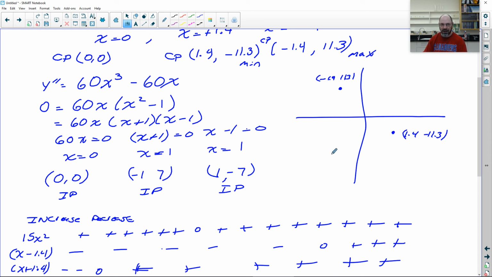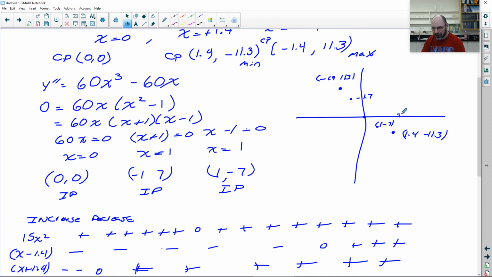Okay. And then we have 0, 0 is a critical point right here, and that's more than likely going to be an inflection point where it changes concavity. And then down, we have some concavity changes at negative 1 and negative 7 right here, and positive 1 and negative 7 here.